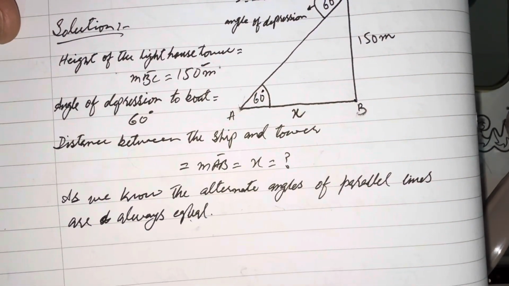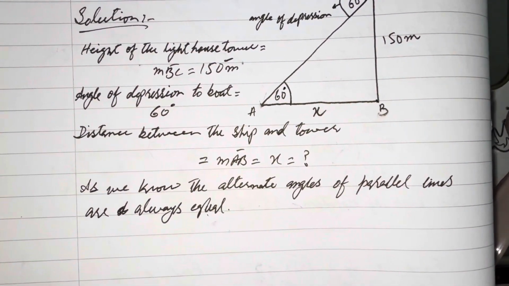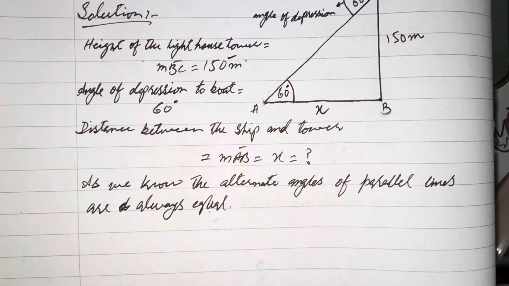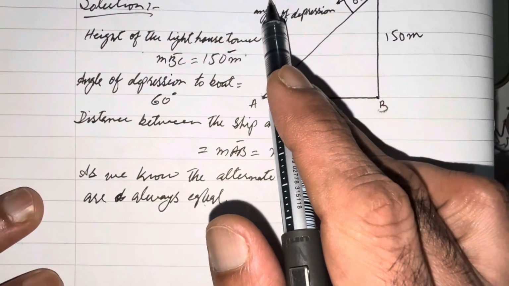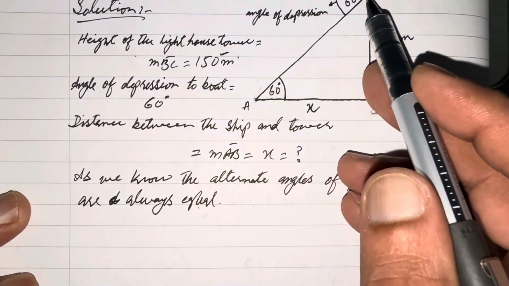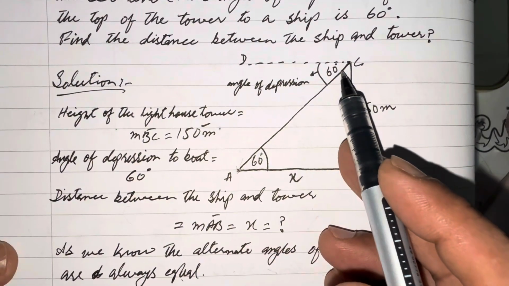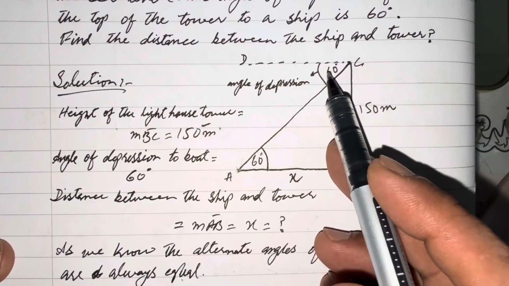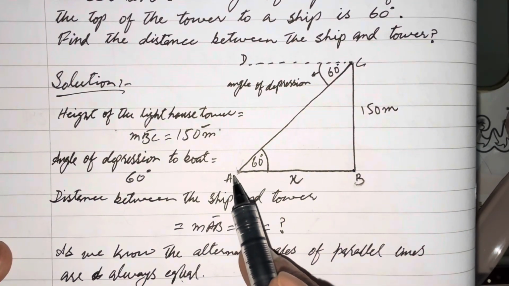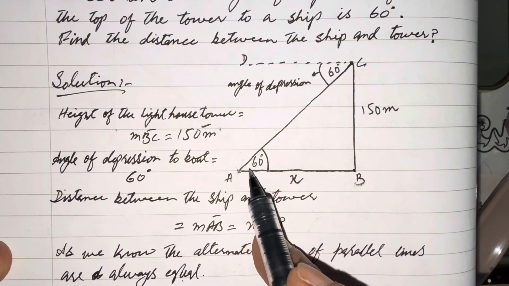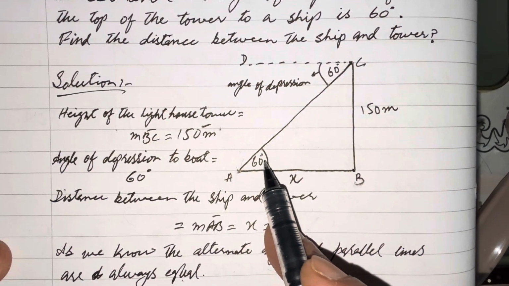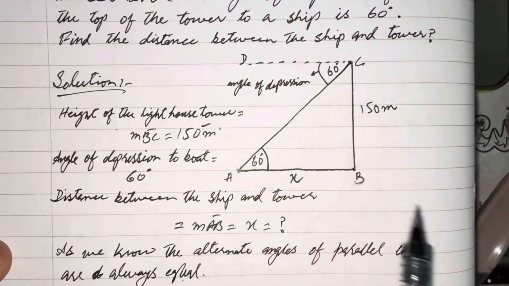So we can say that at point C, the angle outside the right angle triangle will be equal to angle A, which is inside the right angle triangle.